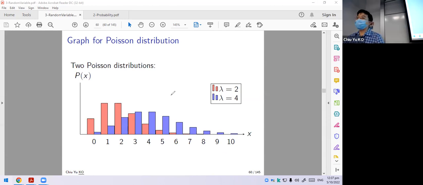This graph also reminds you that when lambda is small, the graph looks like this, and when you have a bigger lambda, it really looks like a bell curve. This is true when lambda is large enough, and then there's no problem using a bell curve, as you will learn later. We don't cover that in this class, but the bell curve is very useful when a lot of things happen.